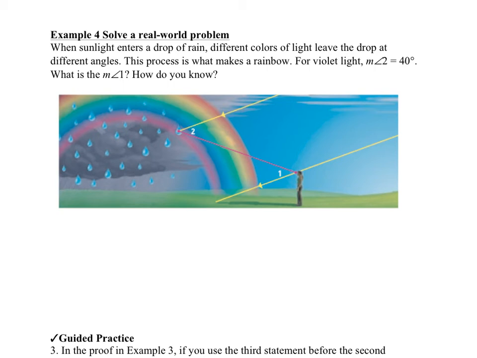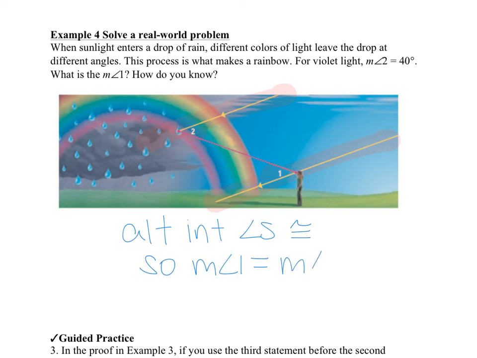Well, if you look, we have parallel lines cut by a transversal, and these are alternate interior angles. Alternate angles are congruent. So the measure of angle 1 equals the measure of angle 2.